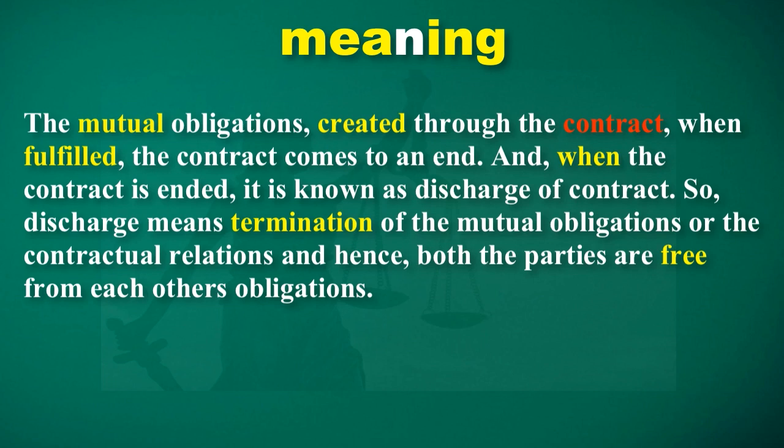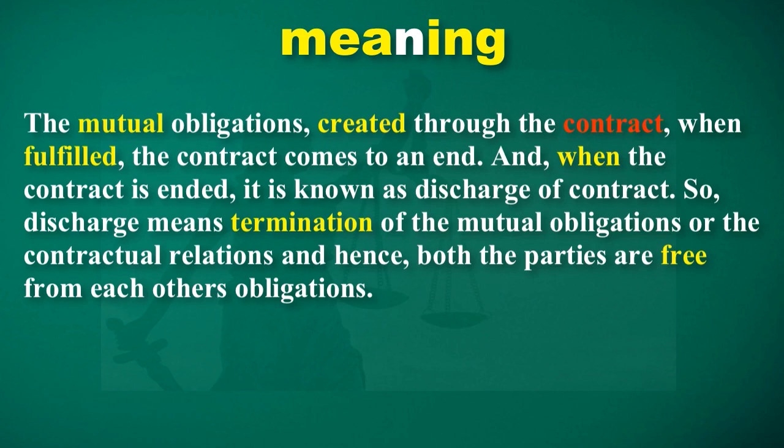So discharge means termination of the mutual obligations or the contractual relations, and hence both the parties are free from each other's obligations. I believe this is a simple definition. Nevertheless, we will discuss what it is saying.